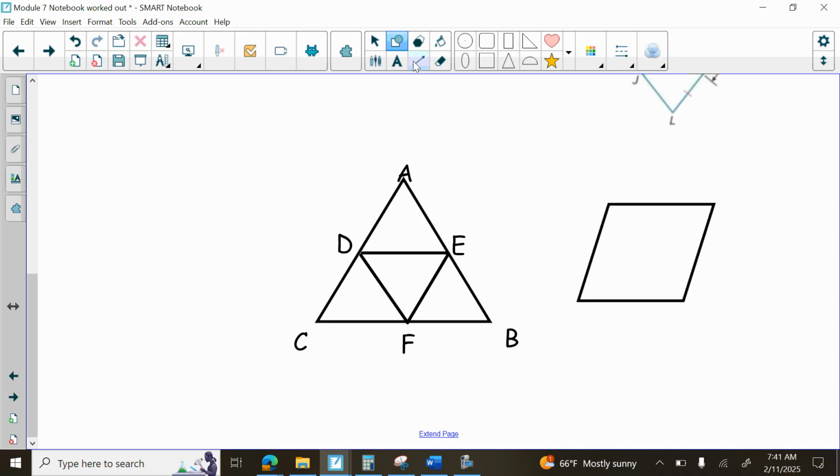So if I have a parallelogram, I don't know if you guys remember this from middle school.